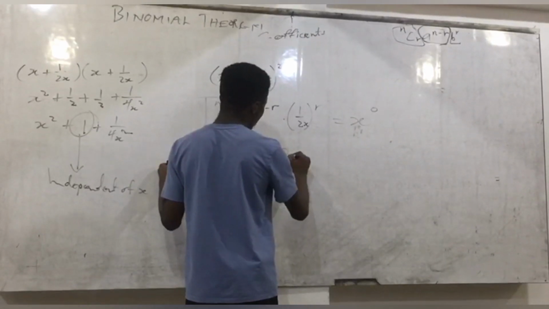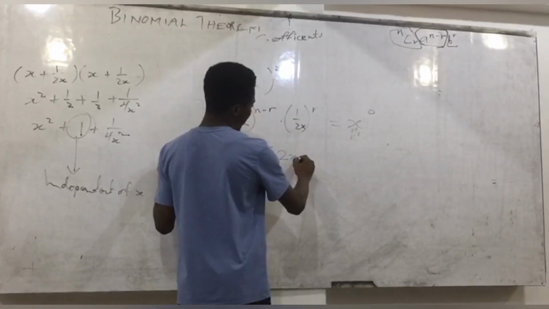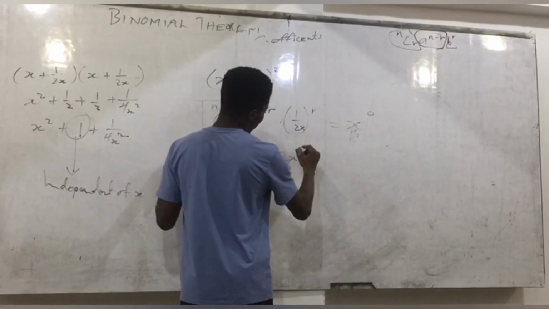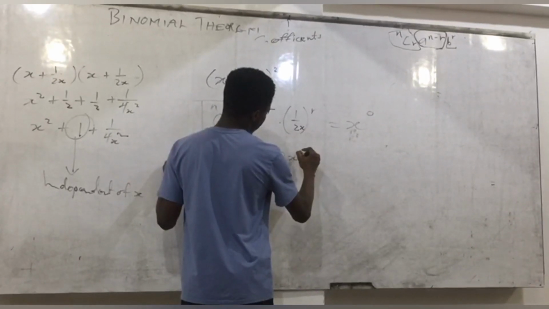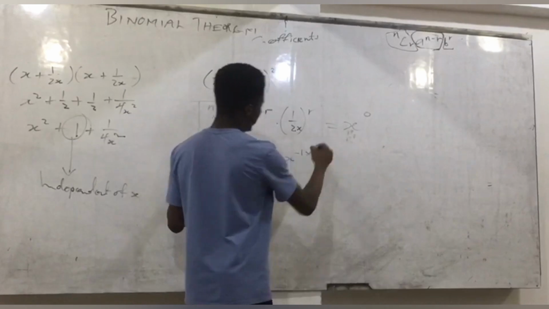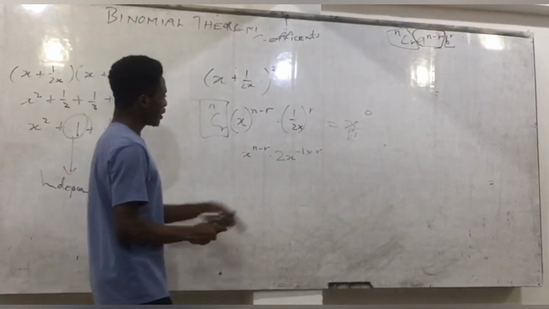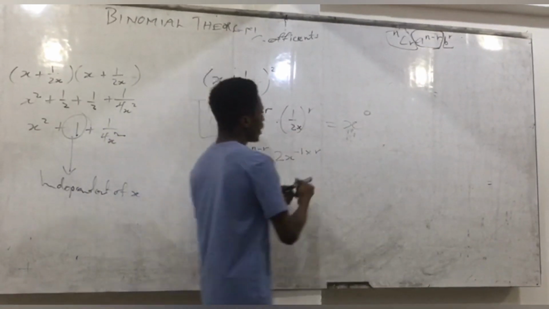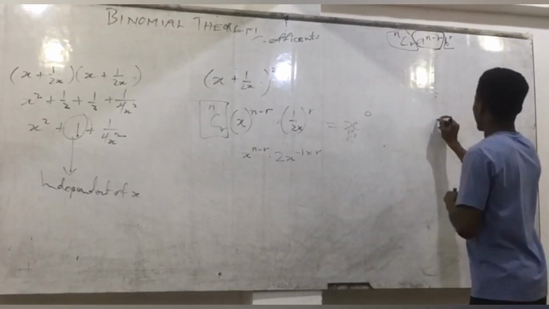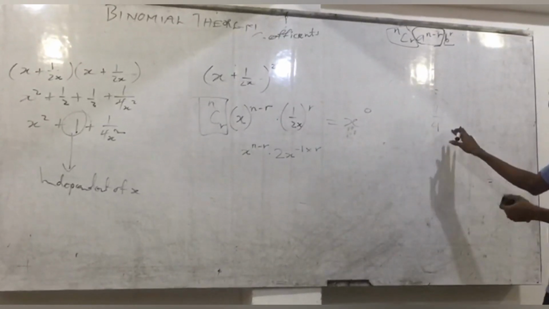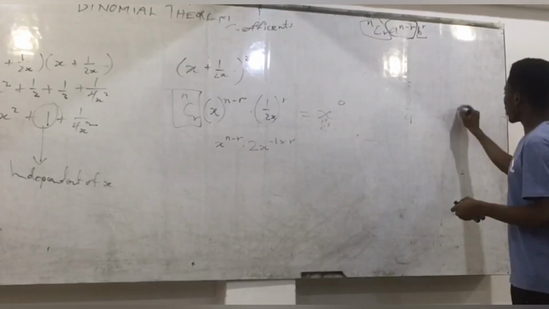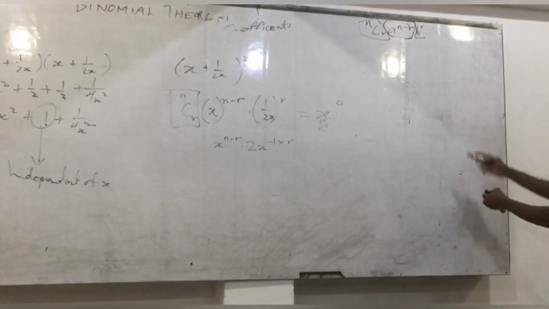times 2x to the power r, because of indices, when you have 1 over any number, you can write it as the inverse of that number. So you can write it this way.